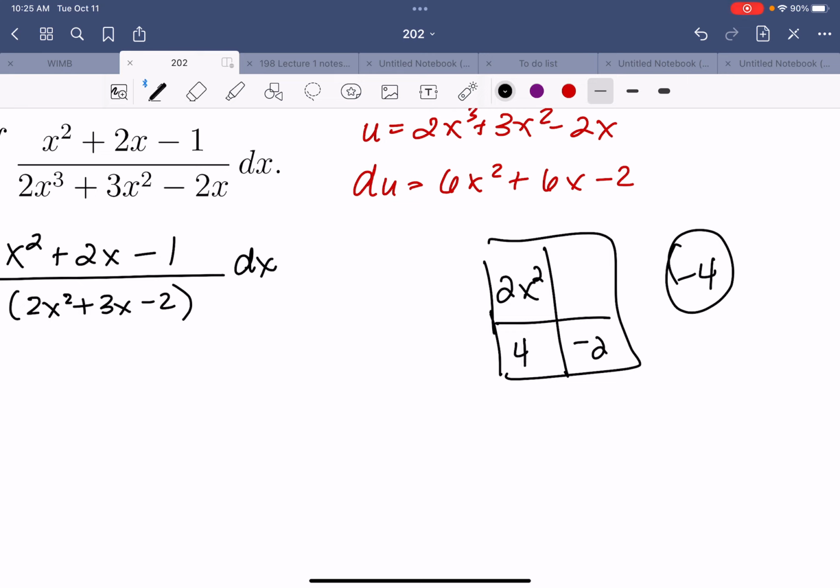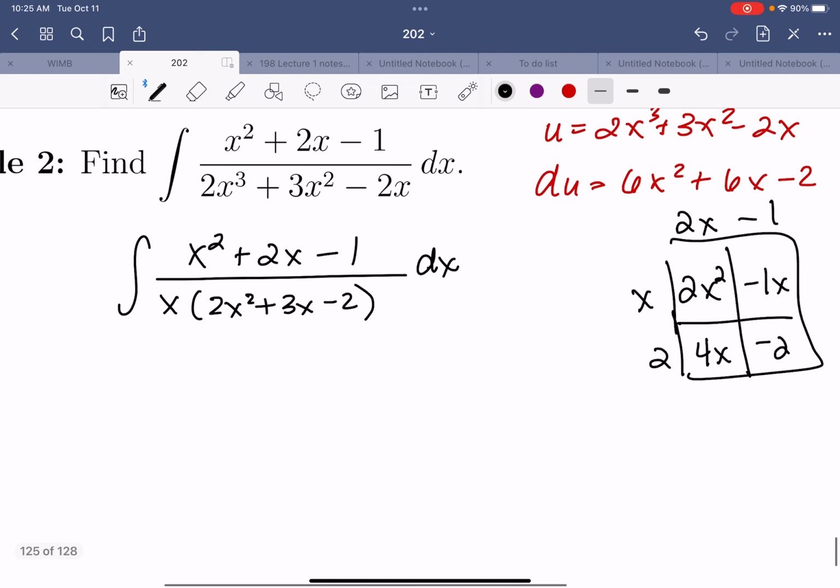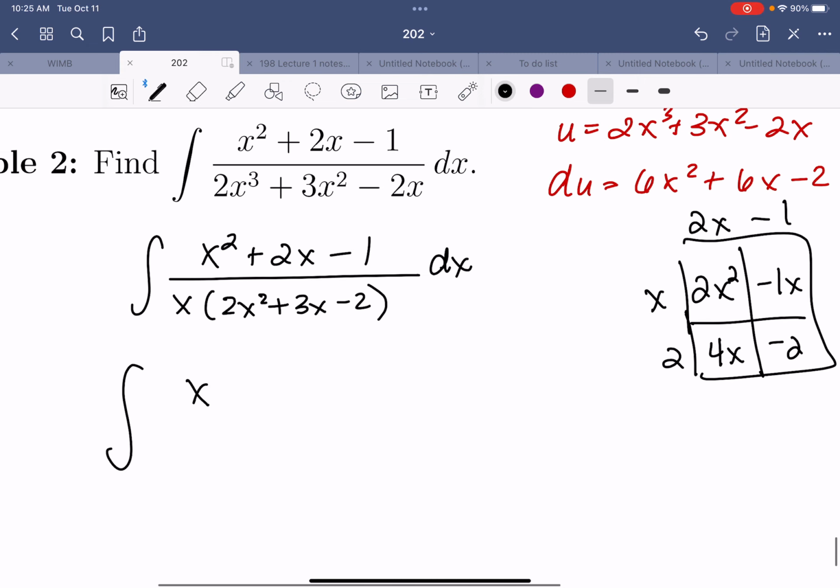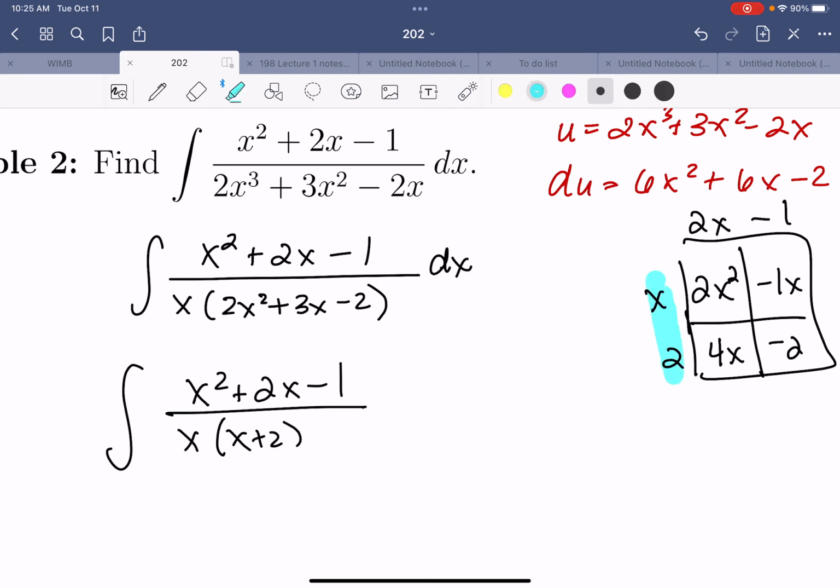So positive 4x and negative 1x will do it. Then I factor my box. This has a common x, so this is 2x and minus 1, and this is a 2. So my two factors are, so this is the integral of x squared plus 2x minus 1 all over x times x plus 2, right? That's this term here, and then I get this one, 2x minus 1.